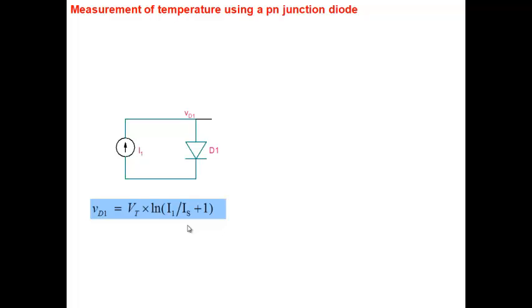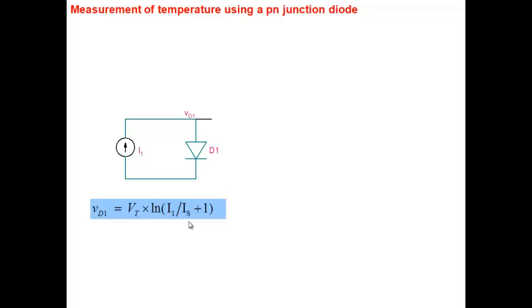Now the trouble is that different diodes, let's say a manufacturer is making thousands of diodes, there's a lot of variation in IS. IS varies a lot. What does it mean now? Every temperature sensor that I build, I have to calibrate. It's not that once I build a calibration chart, it's valid for all the temperature sensors. No, because IS changes a lot.